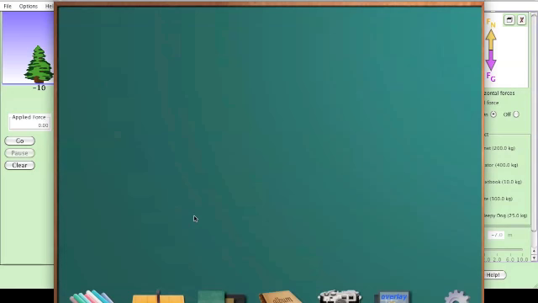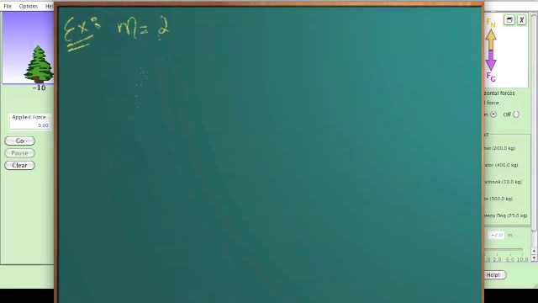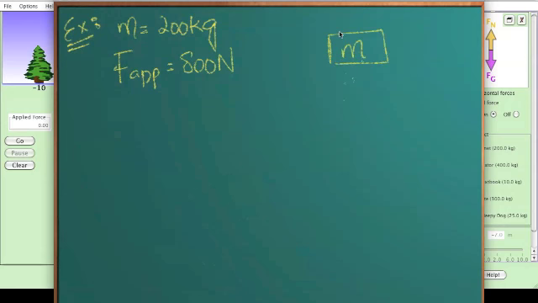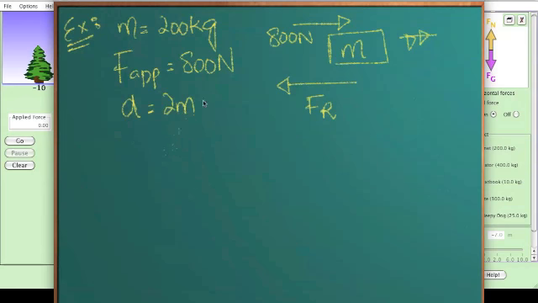So let's find out. We know there was a friction force. In our example, the mass of the cabinet was 200 kilograms, and you can see from here as well, this is the cabinet and the mass is 200 kilograms. The applied force in this case was 800 newtons. However, there was a friction force acting in this direction, but it was still accelerating. And we know the acceleration for the first part, where there was an applied force, was 2 meters per second square.